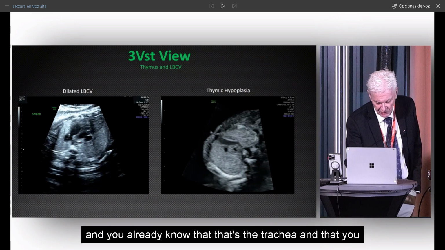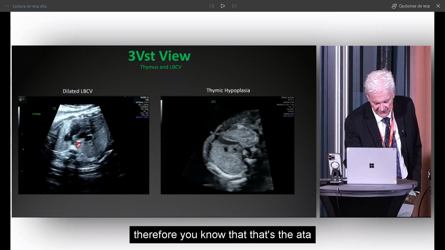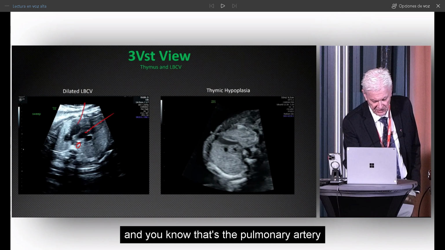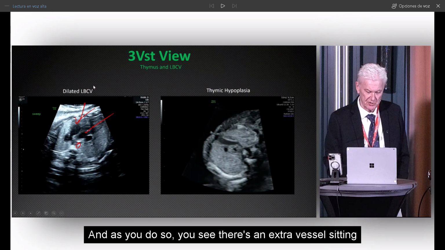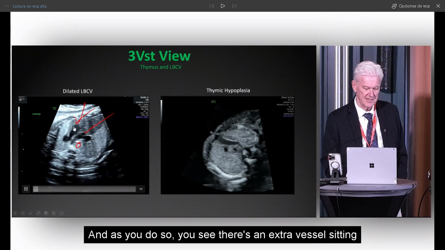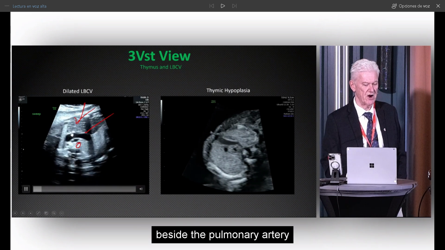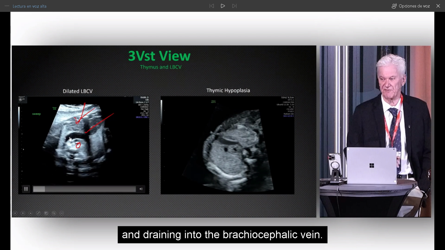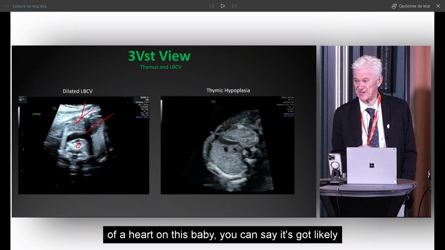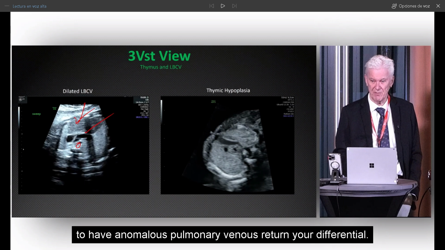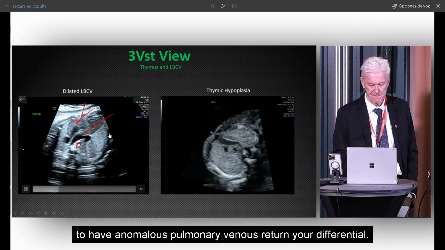And you already know that that's the trachea, and therefore you know that that's the aorta, and you know that that's the pulmonary artery, without even looking at the four-chamber view. And as you do so, you see there's an extra vessel sitting beside the pulmonary artery and draining into the brachiocephalic vein. So before you even look at the four-chamber view of the heart on this baby, you can say it's likely to have anomalous pulmonary venous return.